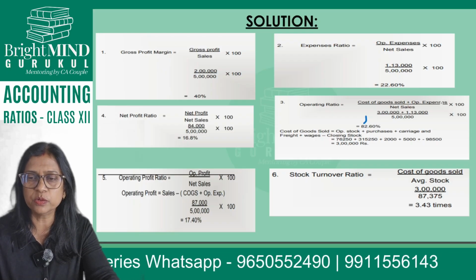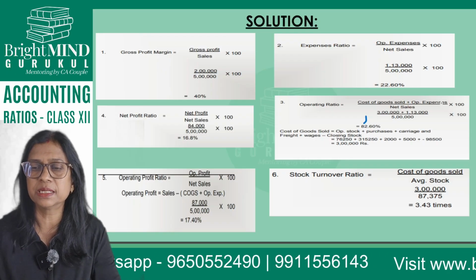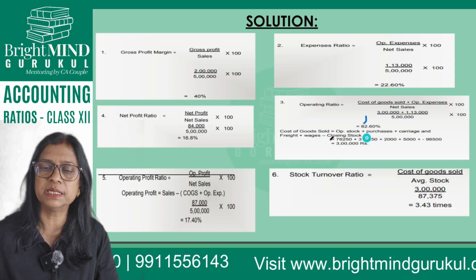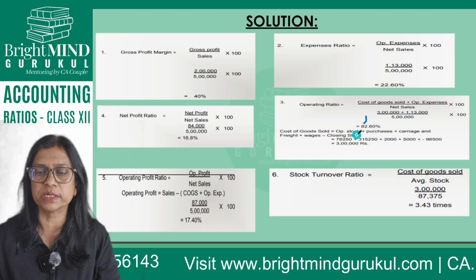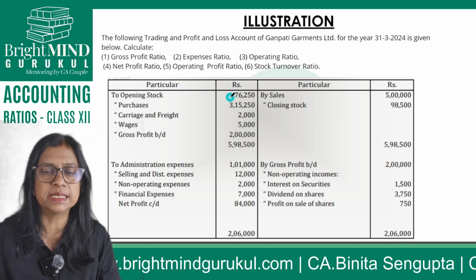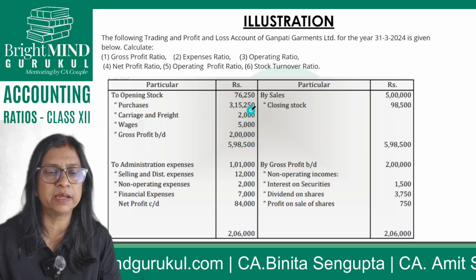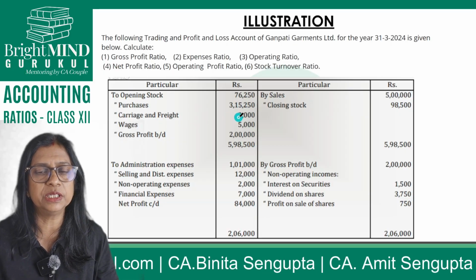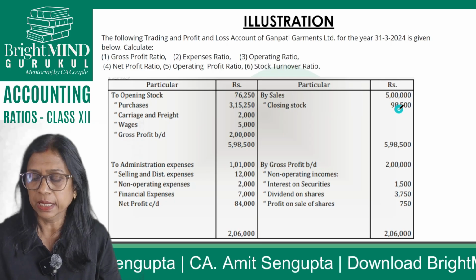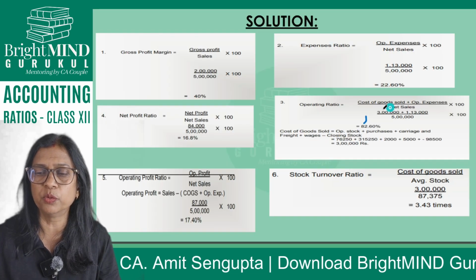So cost of goods sold, we can calculate this. This is opening stock plus purchases plus the direct expenses minus closing stock. So opening stock 76,000 plus purchases 3,15,000 plus carriage and freight 2,000, wages 5,000 less closing stock. This will be the cost of goods sold.